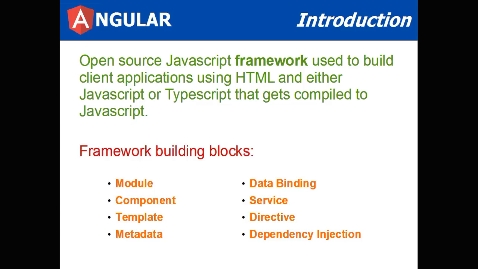Okay, the framework building blocks consist of the following. First of all, there's the concept of modules. Modules allow you to build a self-contained JavaScript file containing resources that can be shared with other modules and components, and some resources which are private to that module.